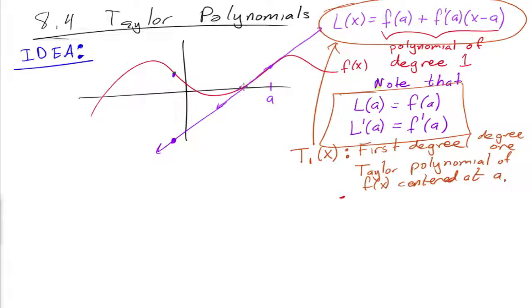So the idea is that if you keep increasing the degree, so this is, I'm just totally making this up, but if you have a second degree polynomial, maybe it looks something like that. So that approximates it for a little bit longer, right?